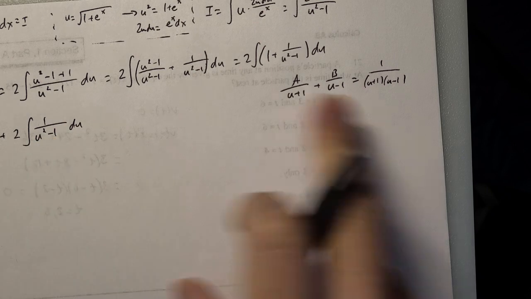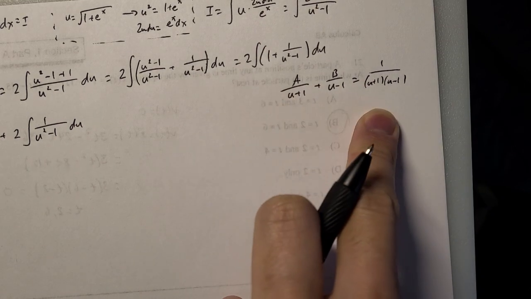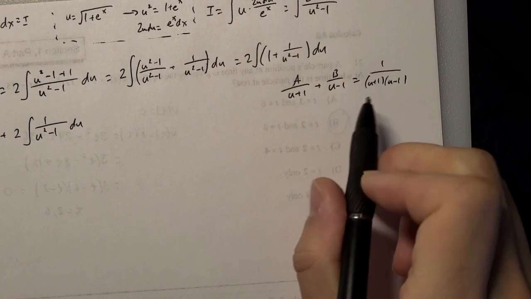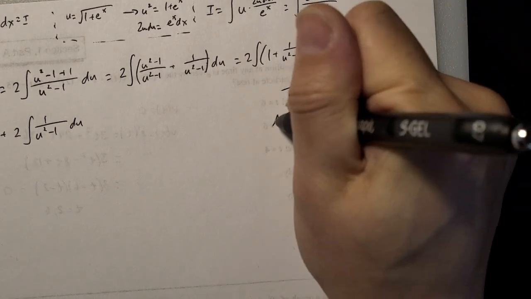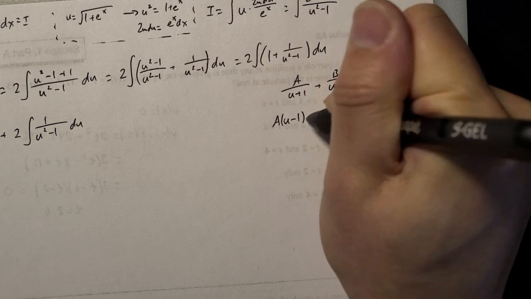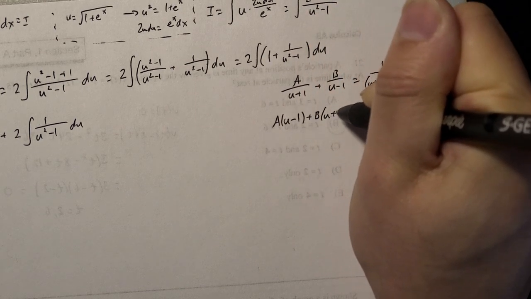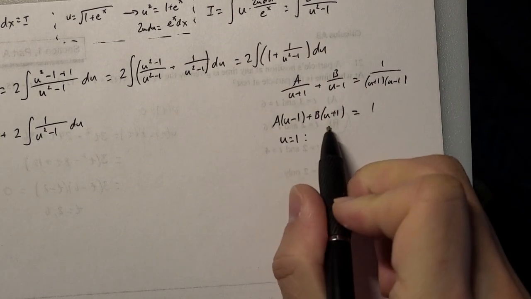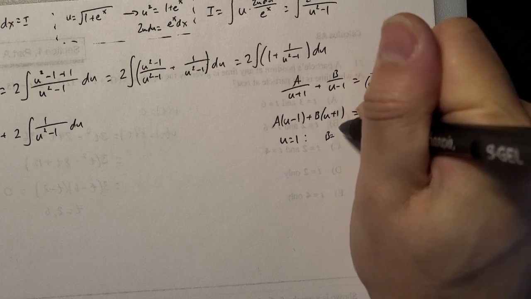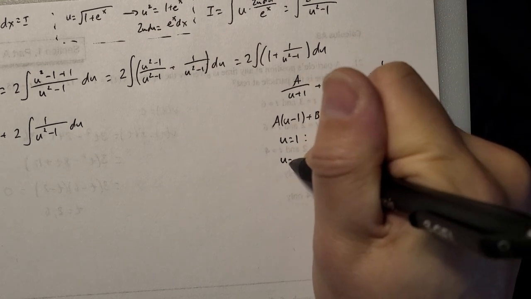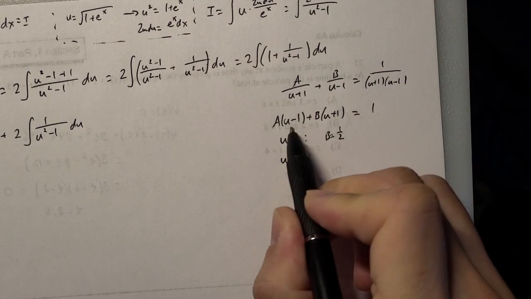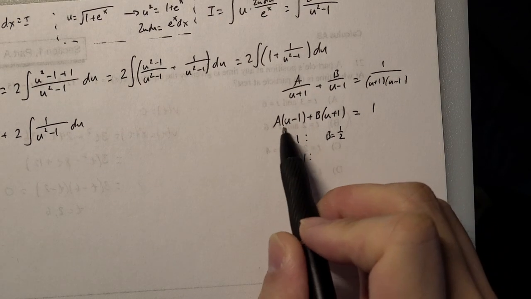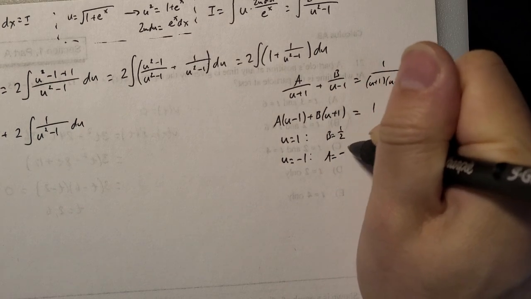I factored the denominator already. I believe I solved this exact decomposition in a previous video, but let me do it again. Multiply both sides by the denominator: a times u minus 1 plus b times u plus 1 is equal to 1. Plug in u is 1: the a term goes away, 2b is 1, so b is a half. Plug in u is minus 1: the b term goes away, then we get minus 2a is 1, so a is minus a half.